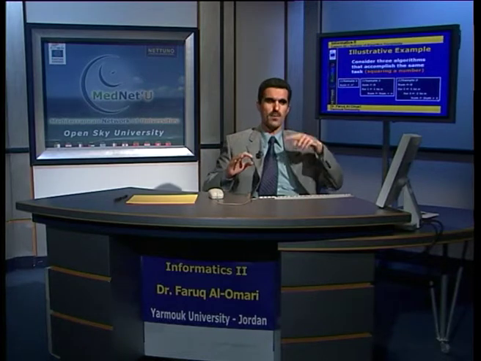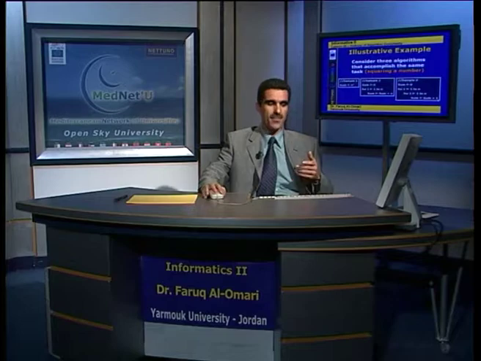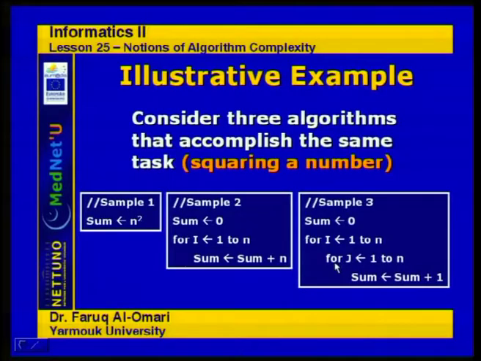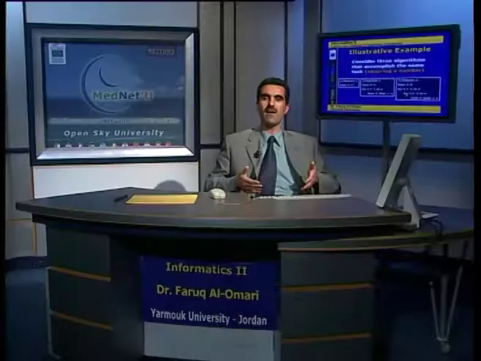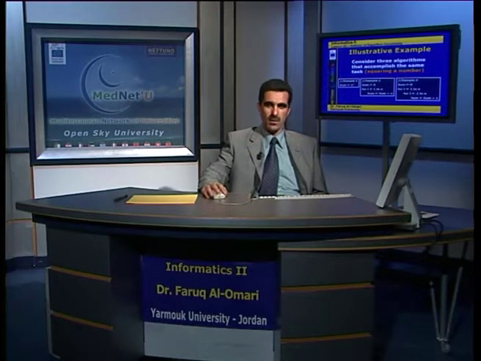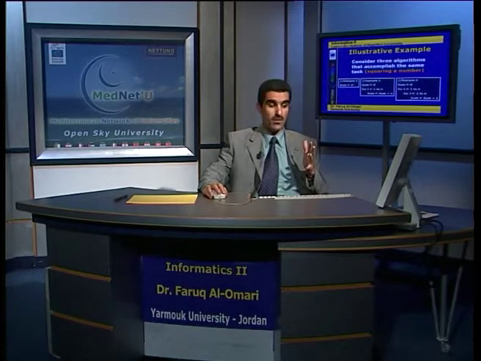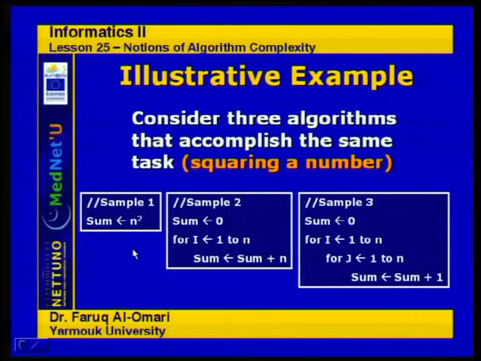So with each major loop, I'm going to be adding n times. And then with the outer loop running n times, that means I'm going to have n times n. So basically, once I exit these two loops, sum is going to contain n squared. So all these algorithms perform the same task, squaring the number.